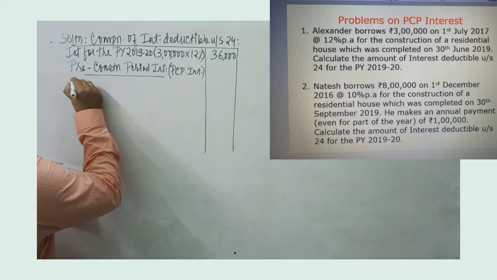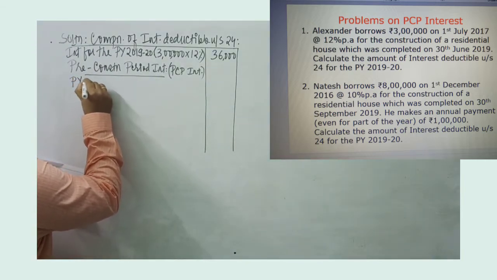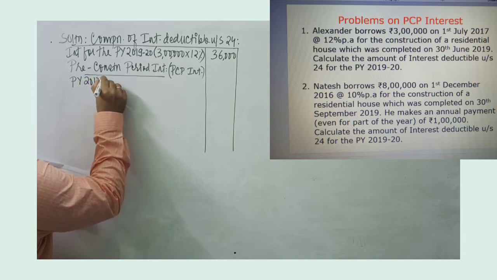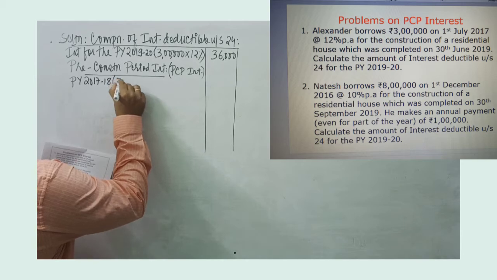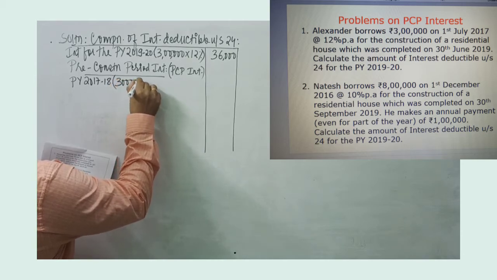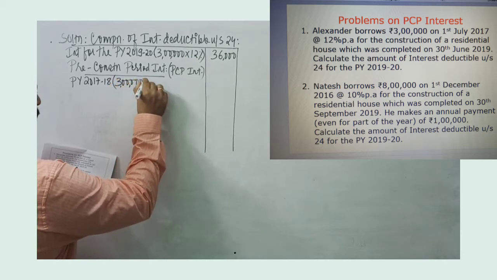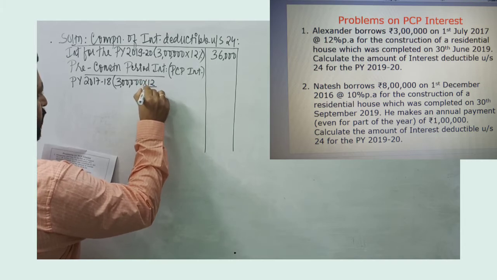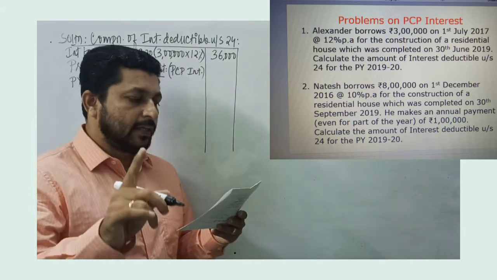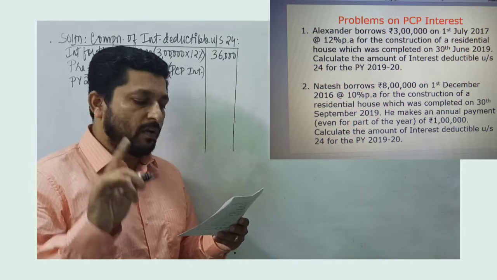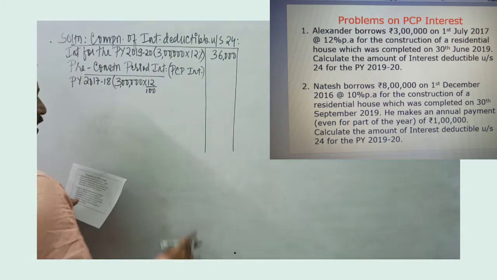So I record over here previous year 17-18. The amount borrowed is 3 lakh rupees. The rate of interest is 12%. And this loan was borrowed on 1st of July 2017.